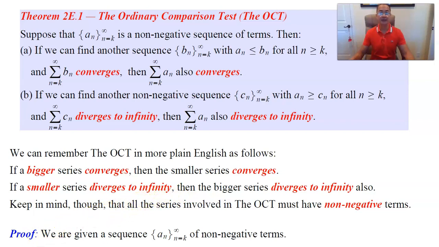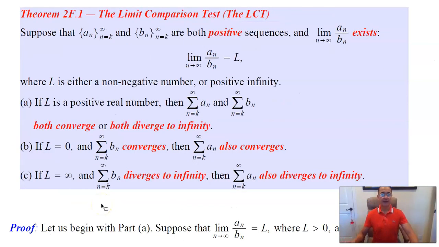Let us now see the statement of the limit comparison test. Here is the limit comparison test, also abbreviated as the LCT. Suppose we have two sequences, a sub n and b sub n, and they're both positive sequences. Let's not allow 0, and let's not allow negative numbers.